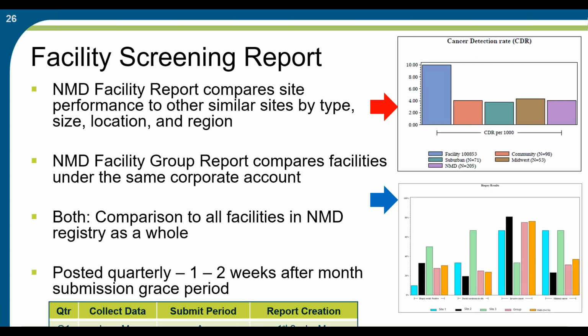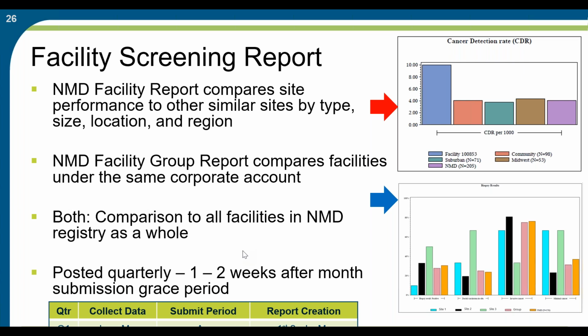It's based on what your site has designated itself in its facility information. On the knowledge base, as Ryan showed, there is additionally a link to a sample report so you can see what is in each of these reports, as well as an explanation of how to interpret the report.